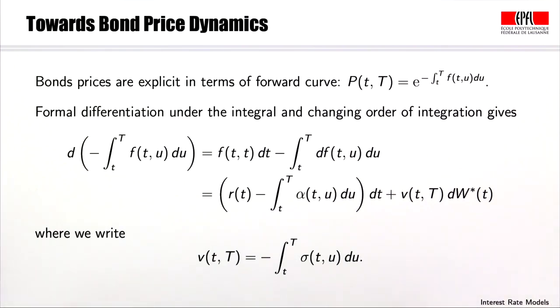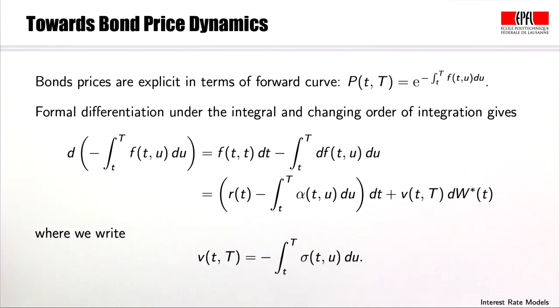This is in contrast to the short rate models, where bond prices were given implicitly in terms of the integrated short rates via a conditional expectation under the risk-neutral measure.